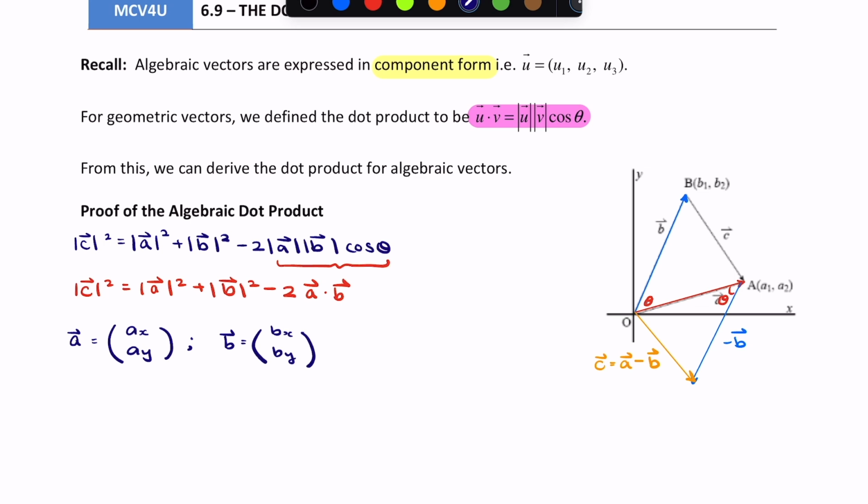And then finally for vector c, we represented that as vector a minus vector b. And so that equals ax minus bx, and ay minus by. So the a value of x minus the b value of x, and the a value of y minus the b value of y.